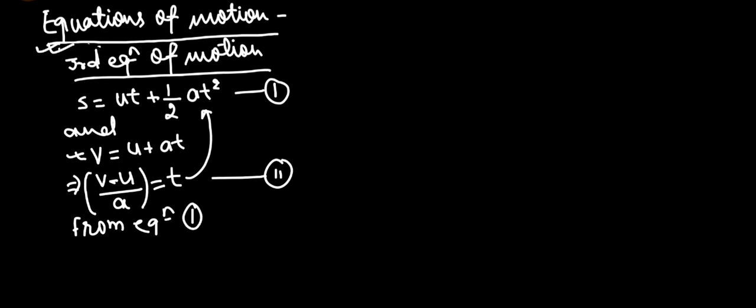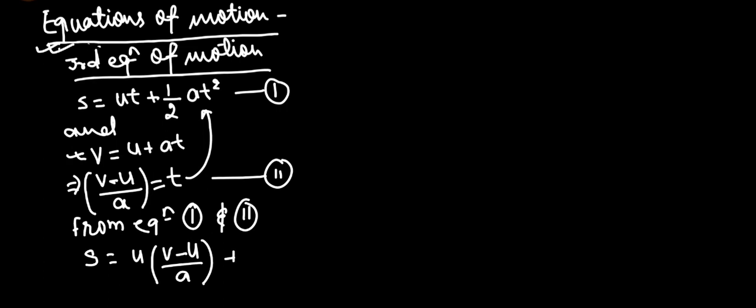From equation 1 and equation 2, we get that s equals u multiplied by t, and in place of t we will be writing (v minus u) upon a, plus 1 by 2 a t square. The value of t is (v minus u) upon a, whole square.